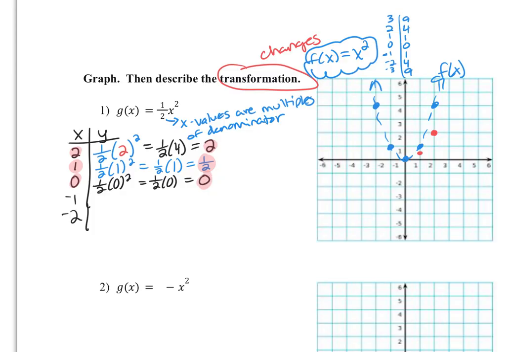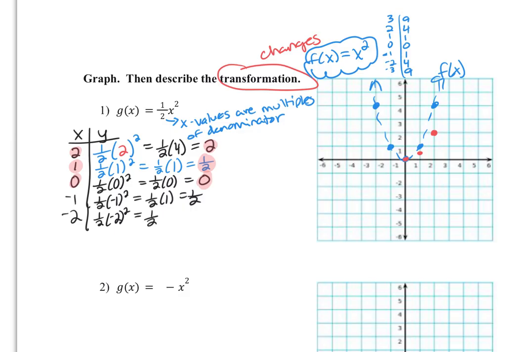There we go. So they share the point on the origin, and that's totally fine. Let's do our -1 and our -2. Same thing. When you have an even power, that -1 times itself becomes a +1, and 1/2 times +1 is +1/2.